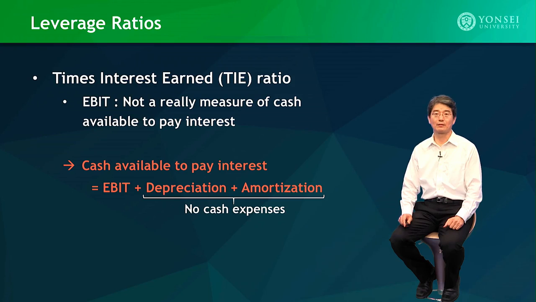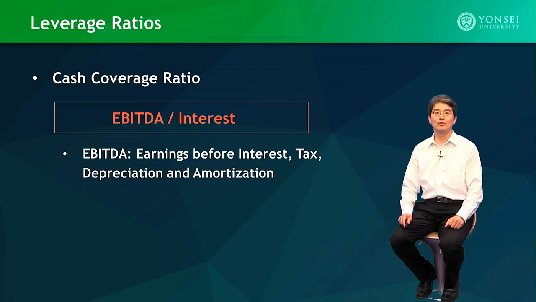The problem with the times interest earned ratio is that it is based on EBIT, which, as you learned in the previous course, is not really a measure of cash available to pay interest. An approximation of cash available to pay interest is EBIT plus depreciation and amortization, since depreciation and amortization are not cash expenses. Using this cash definition, we can define the cash coverage ratio as EBIT plus depreciation and amortization divided by interest.